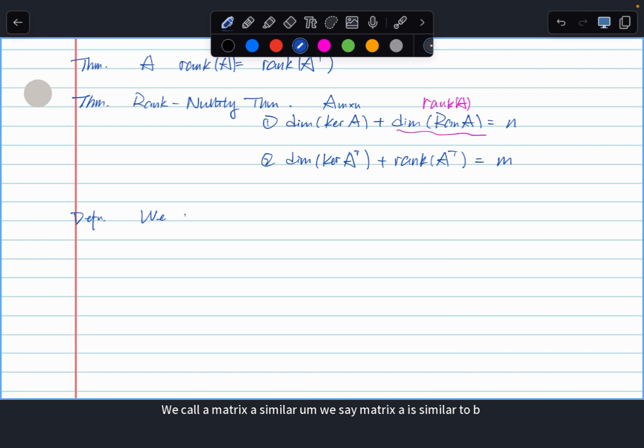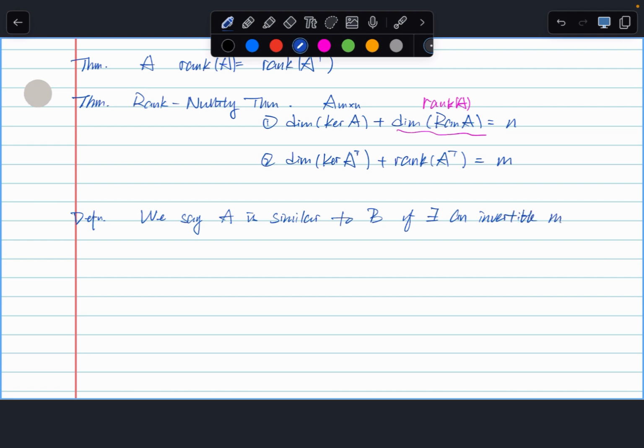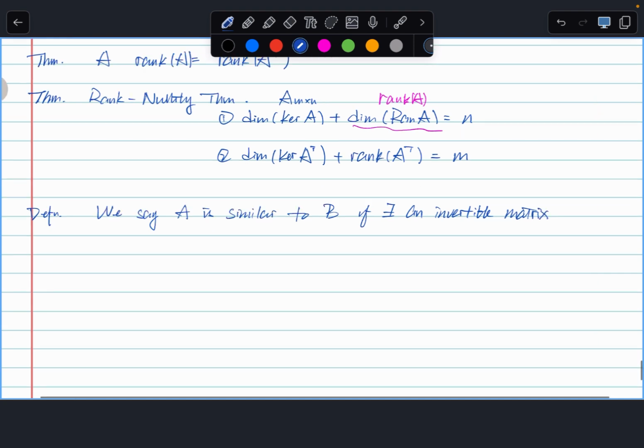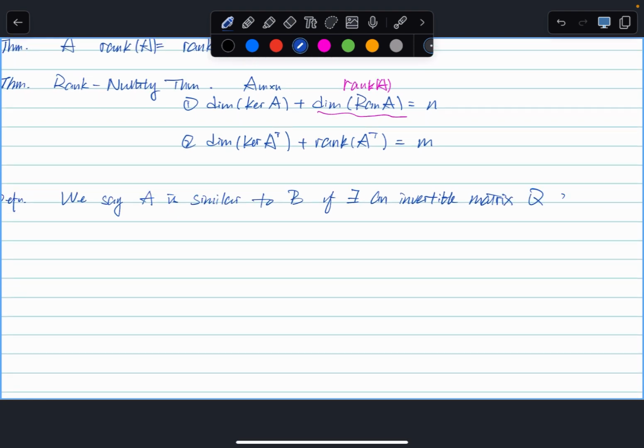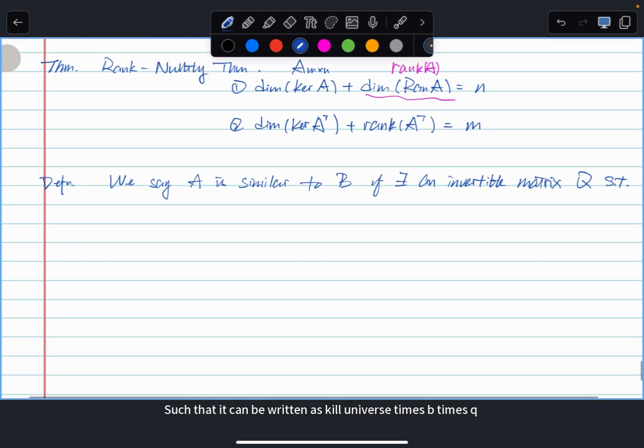We say matrix A is similar to B if there exists an invertible matrix Q such that A can be written as Q inverse times B times Q.